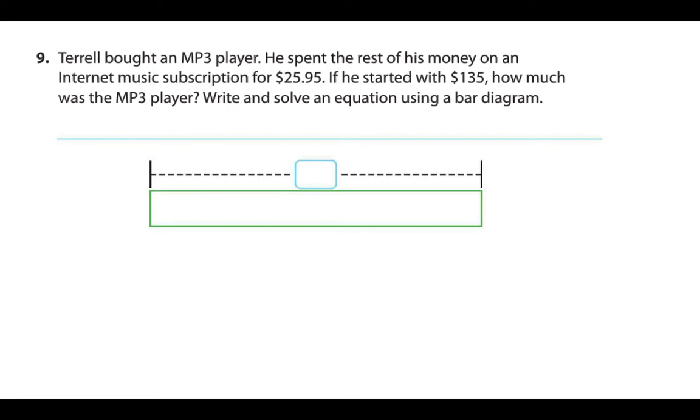Remember, you need to define a variable. You got to use your bar diagram and show all of the parts. Remember what the whole length of the bar diagram should represent, and use that to write an equation. Then solve the equation. Now remember how we solved. If it's an addition problem, we took away or subtracted to solve the equation.